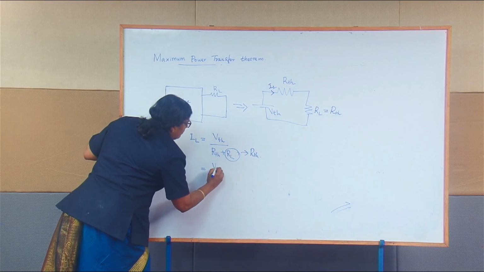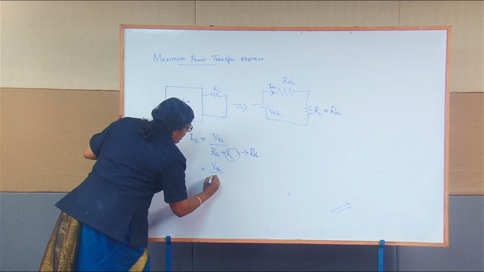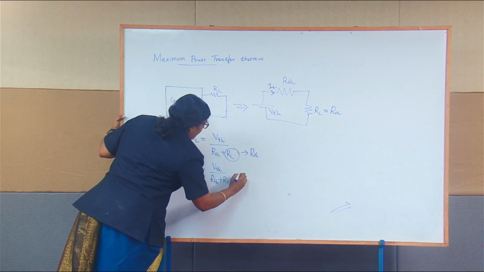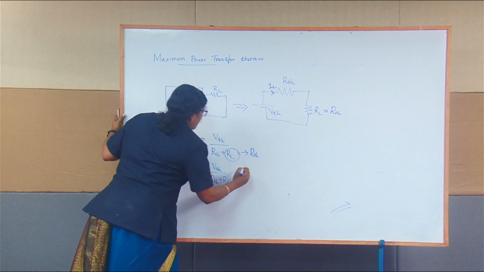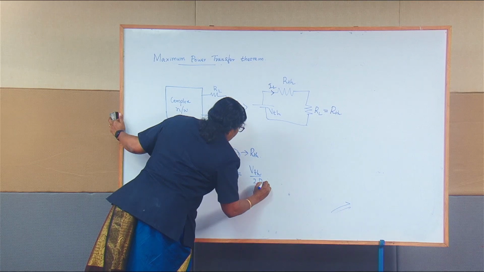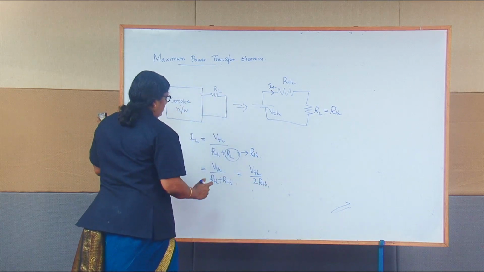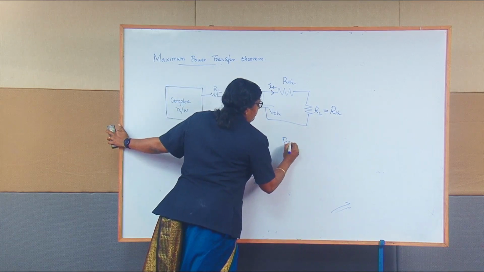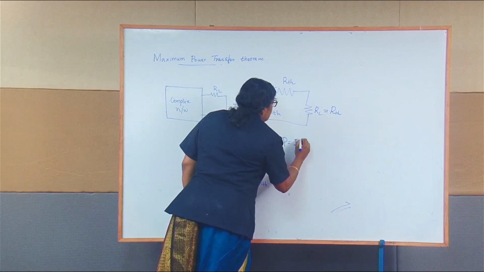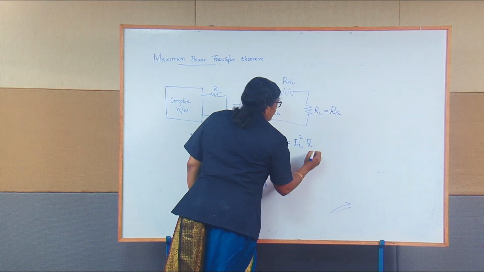So we get V Thevenin divided by R Thevenin plus R Thevenin, that is V Thevenin divided by 2 R Thevenin. Now for the power equation, we know that P is equal to I square R. So I can write this as IL square into R.